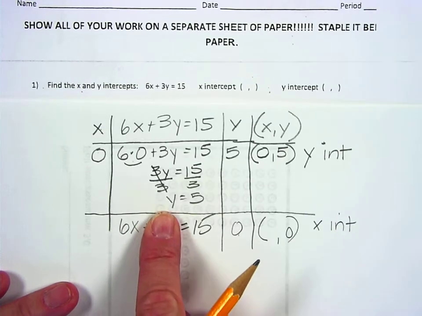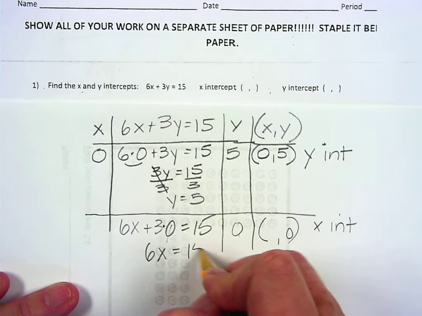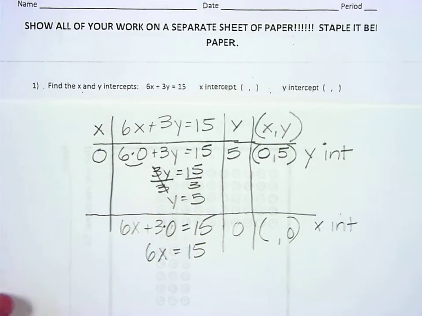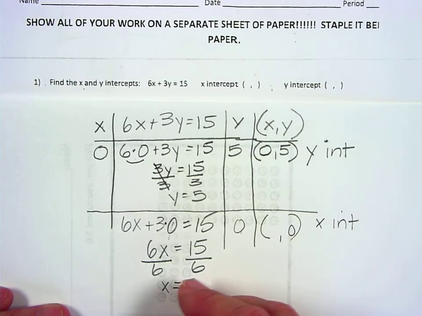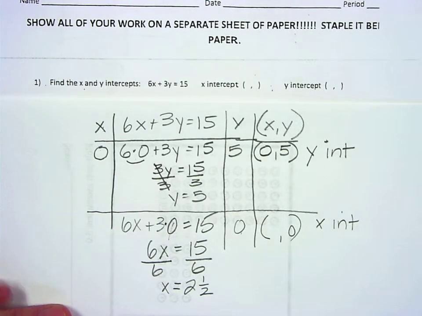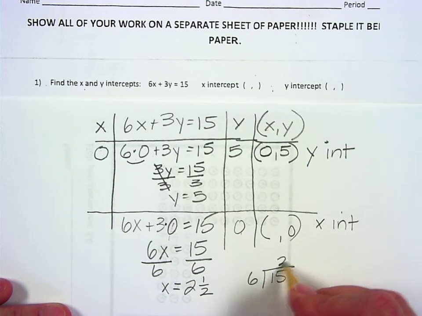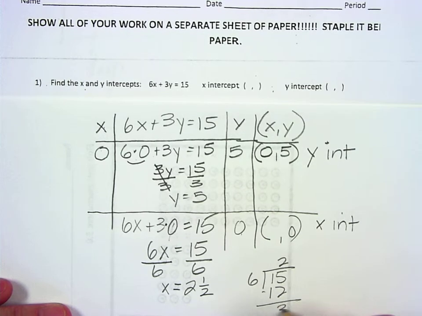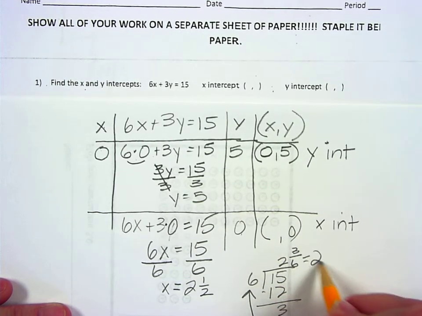3 times 0 is 0. If I add nothing to 6x, I get 6x equals 15. If I want x alone, I divide both sides by 6, and x equals 2.5. If you do this division, 15 divided by 6, 2 and 3 out of 6 is 2.5.